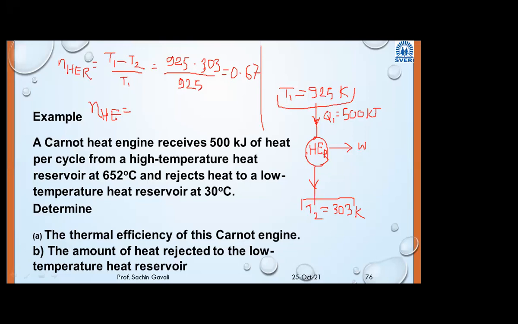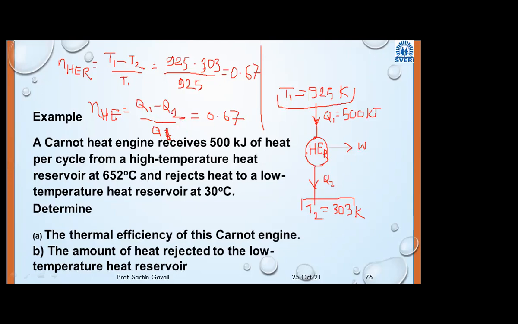Work obtained W is Q1 minus Q2, so efficiency is output divided by input, that is Q1 minus Q2 divided by Q1.